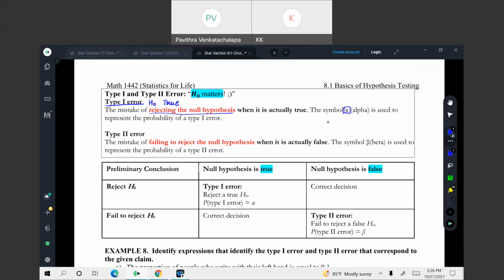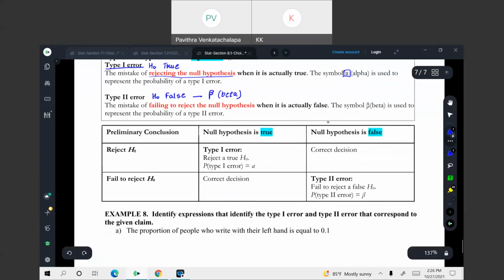Type 2 error: if the null hypothesis is false, but you accept the null hypothesis, then it is a type 2 error. It is denoted by beta.